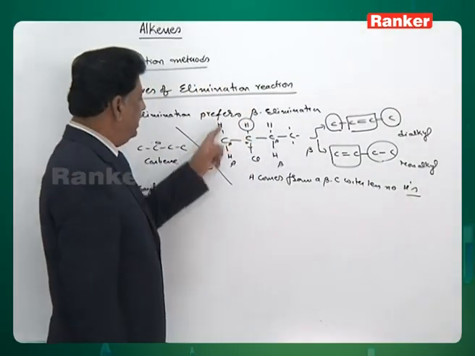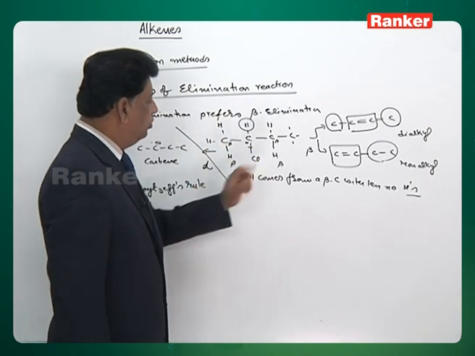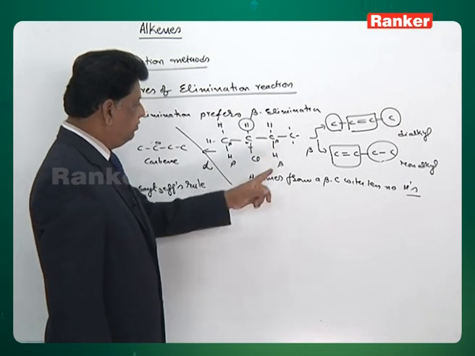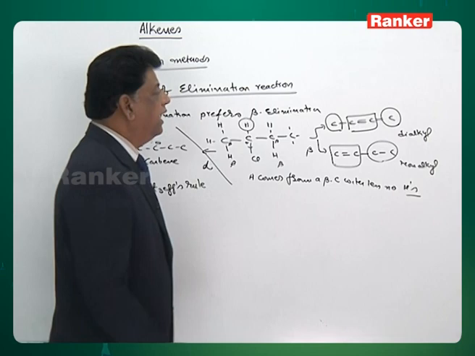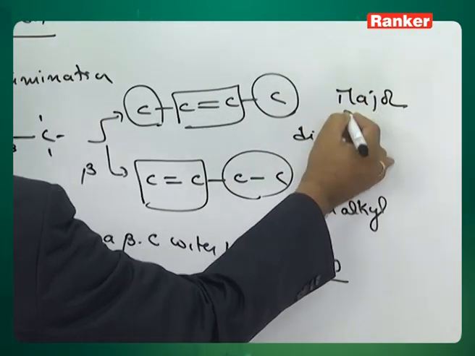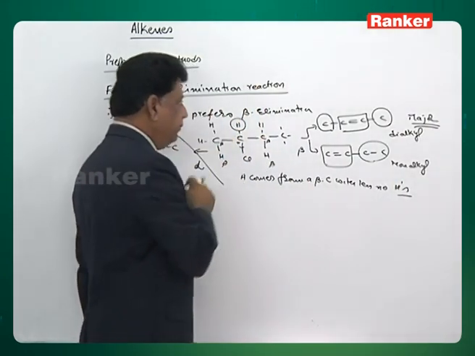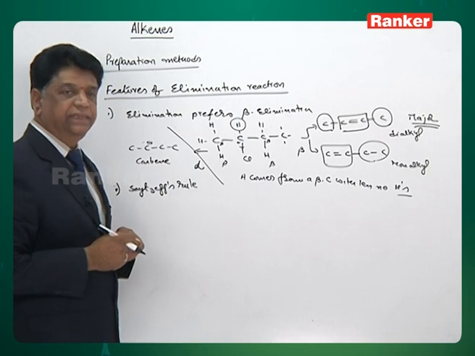So, this side 3 hydrogens, this is beta, this side 3, this side 2. So, 2 is the lesser number, therefore the less hydrogen side goes. So, 2-butene will be the major answer. This is what was identified by a scientist called Saytzeff. This rule is defined as the Saytzeff rule.